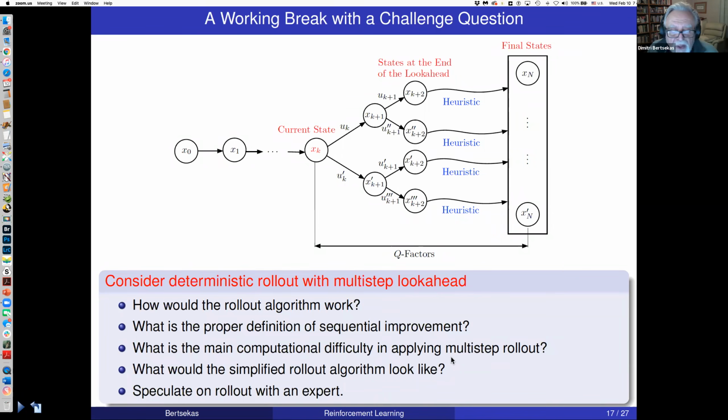Basically, simplified rollout means you simplify the look-ahead tree. Just prune it, okay? Prune parts here, prune other parts here. That's simplification. You simplify the number of control sequences, and you can stop as long as you find one that does better than the best heuristic.